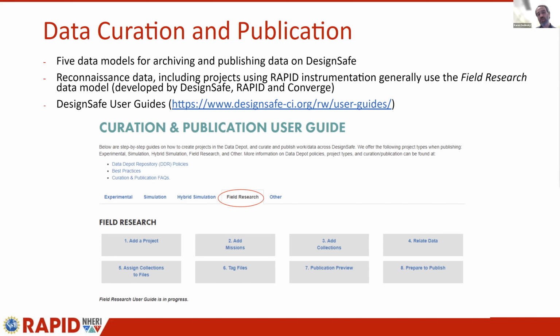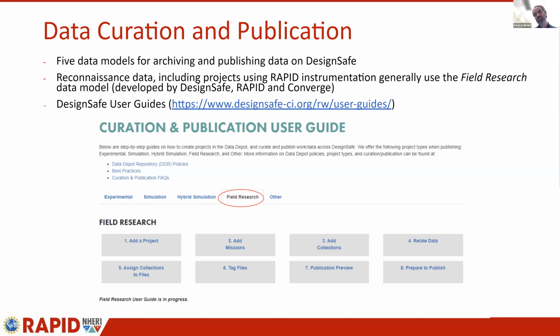The idea with these data models is to have some commonalities in the way data sets get published, and the way the metadata gets organized and attached, so that the data sets are more useful down the road and have more impact in terms of data reuse, while also making sure that the data models are not so constraining that it takes researchers a really long time to add all of the necessary metadata.